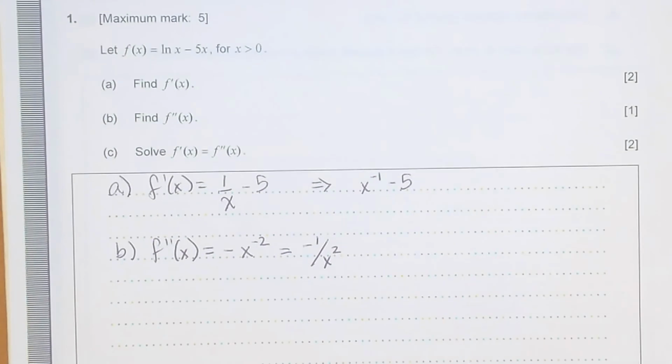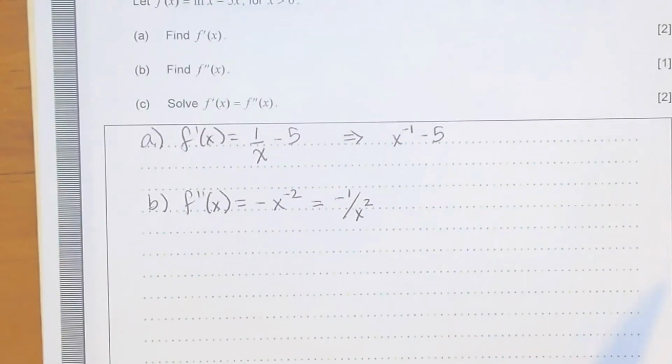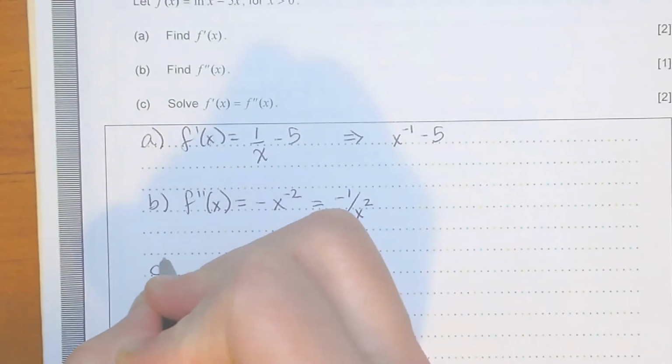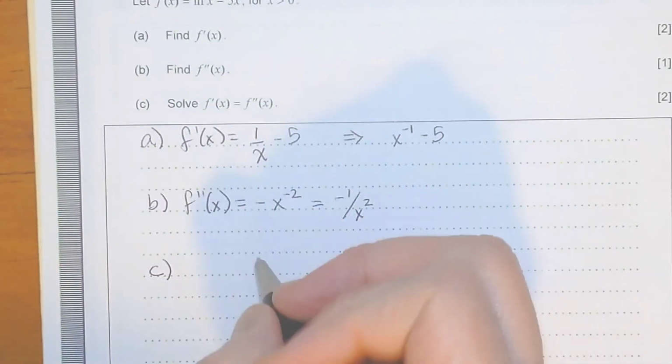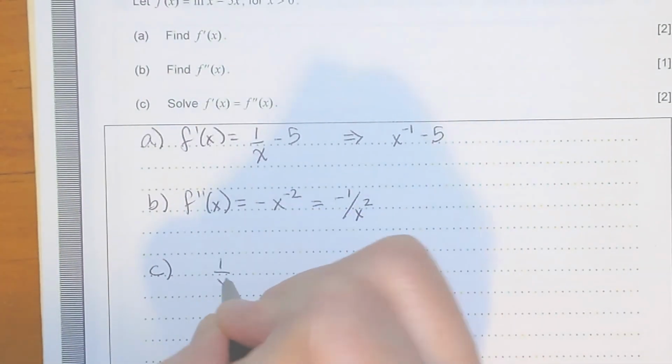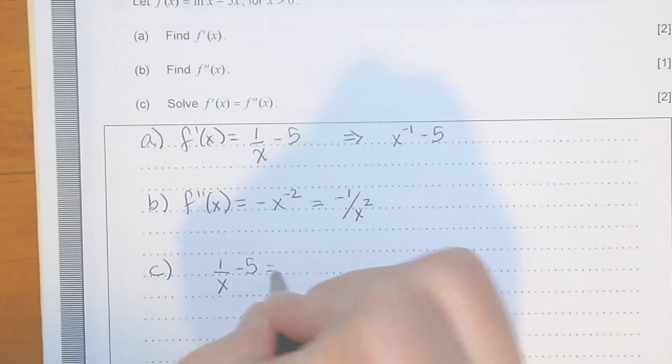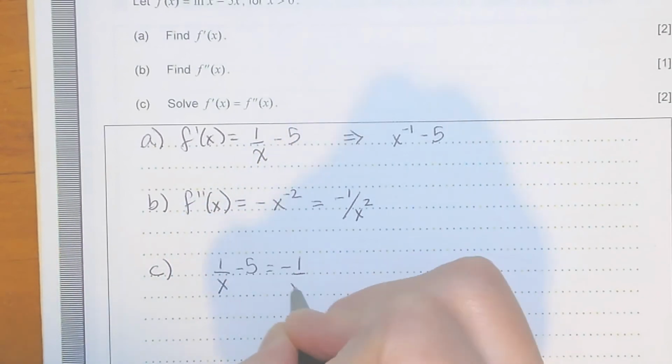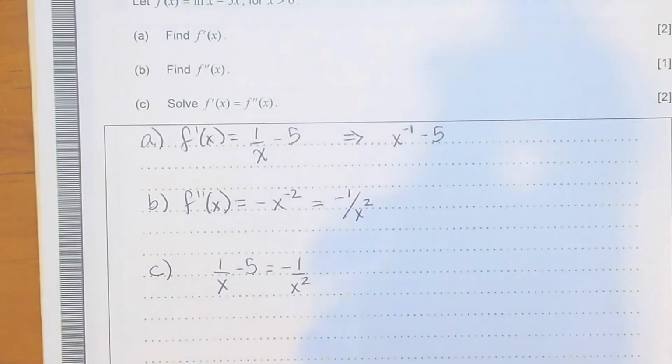Finally, for part C, we're asked to set the derivative, this right here, equal to the second derivative. Well, I guess we'll just go ahead and do that here. I'll set 1 over x minus 5 equal to minus 1 over x squared.